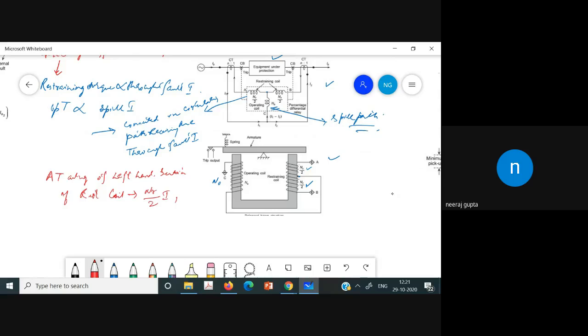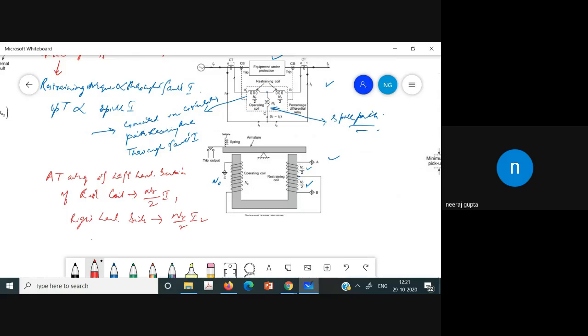On the right hand side of the restraining coil, it is the same, nr divided by 2 into I2.